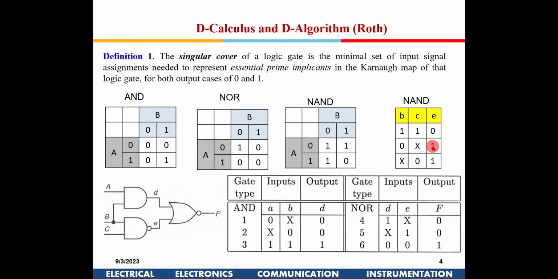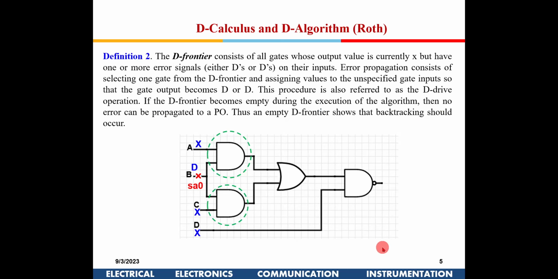Those two combinations will give me 1. So essentially the first step the algorithm does is it has its own truth table for every kind of gate. It's not the typical 2 input, 4 rows truth table. It has a collapsed truth table.